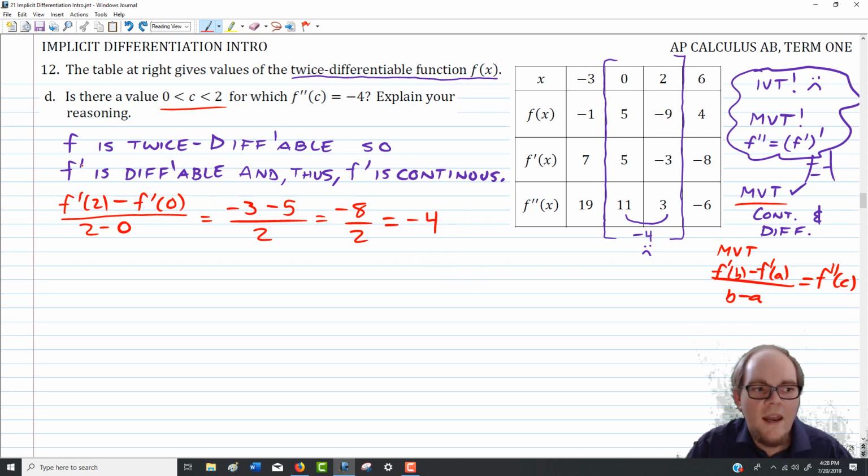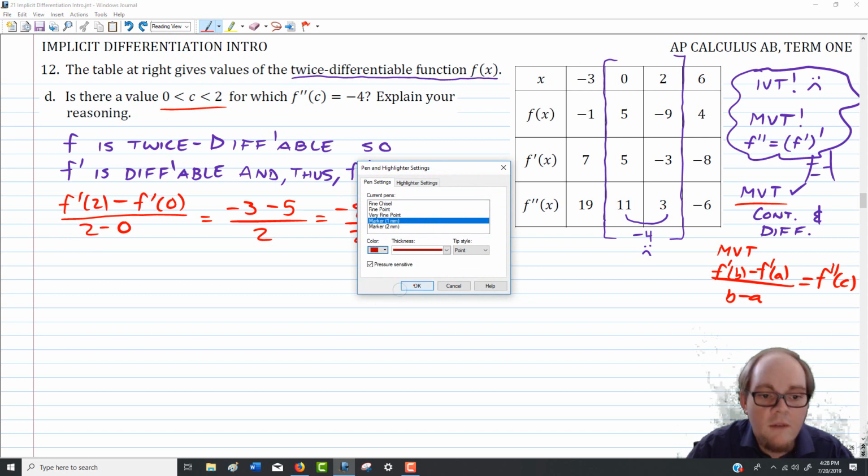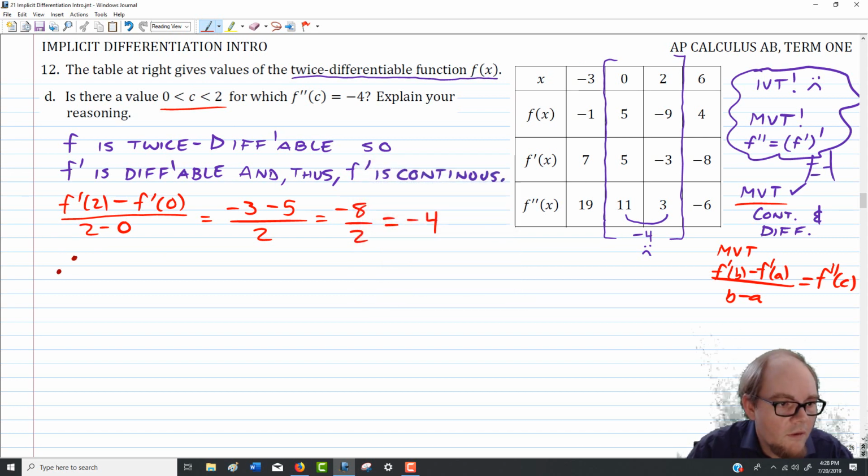So what we've now shown is that f prime is differentiable and continuous, so the mean value theorem applies to the derivative f prime, and the average rate of change of f prime is equal to negative 4. That's all we needed. Therefore, by the MVT, and for the sake of time, I am going to literally write MVT.